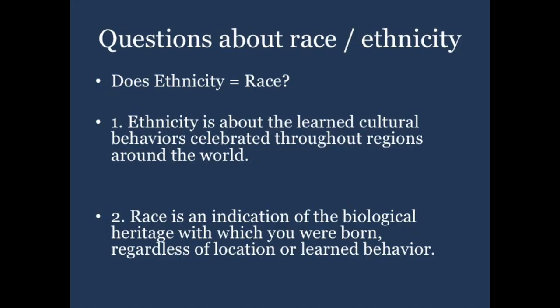Race, on the other hand, is an indication of biological heritage, with which you were born, regardless of where you were born, or regardless of your learned behavior. Race is more a biological heritage. Ethnicity is more about learned cultural behaviors. So that is the difference between them. They are not the same.